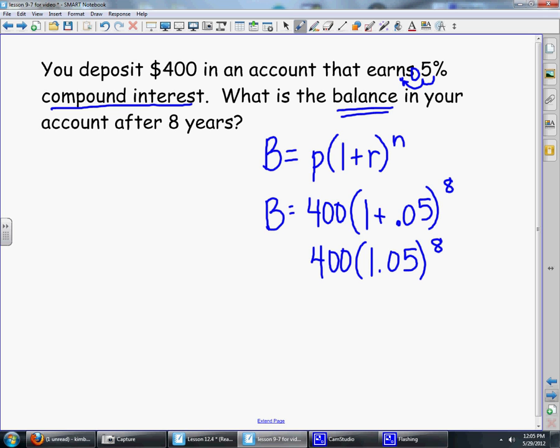And I'm going to use my calculator. 1.05 to the 8th power is 1.477, and then I'm going to multiply that by 400, so I get $590.98, and that's the balance on the account. Just always remember to do the exponent first and then multiply it by your principal.